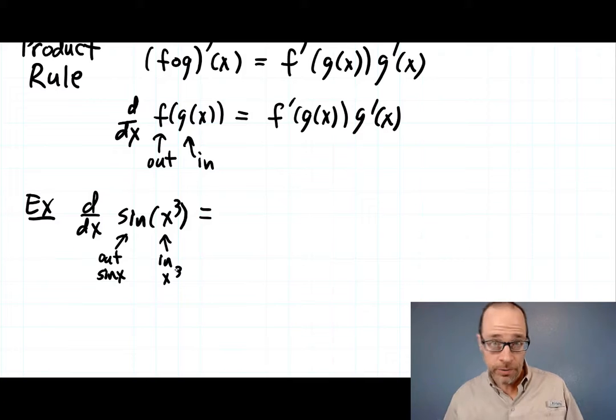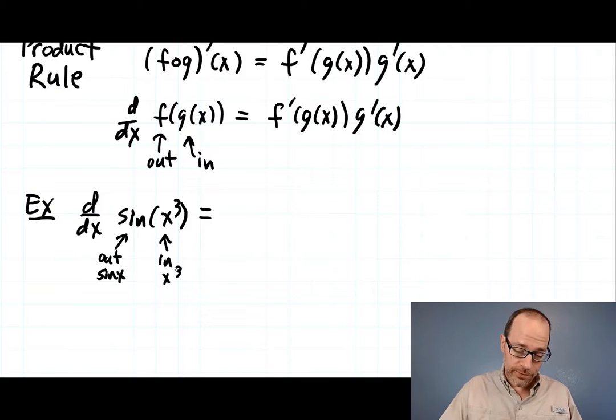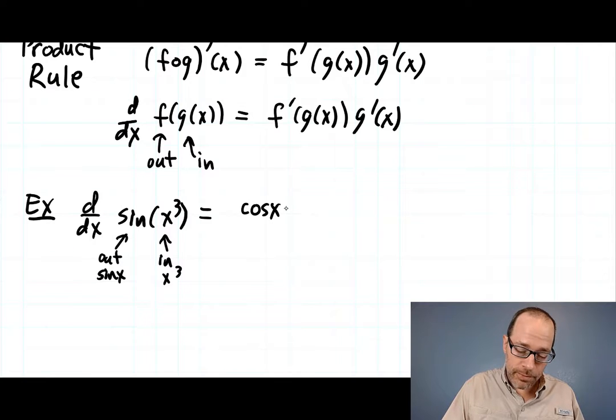So the chain rule says to do this derivative, you take the derivative of the outside. Now the derivative of sine is cosine, but I'm supposed to evaluate it at the inside. And then you multiply by the derivative of the inside. So that's 3x squared.